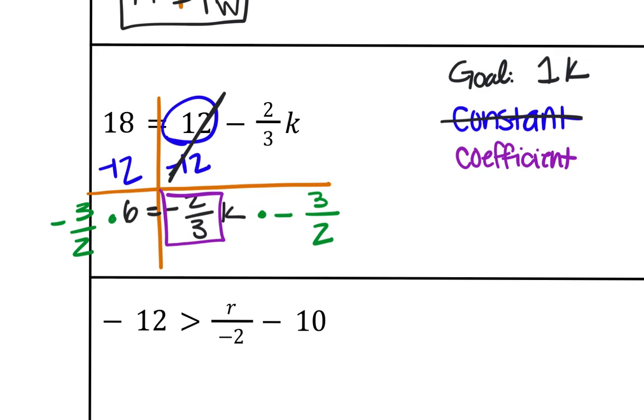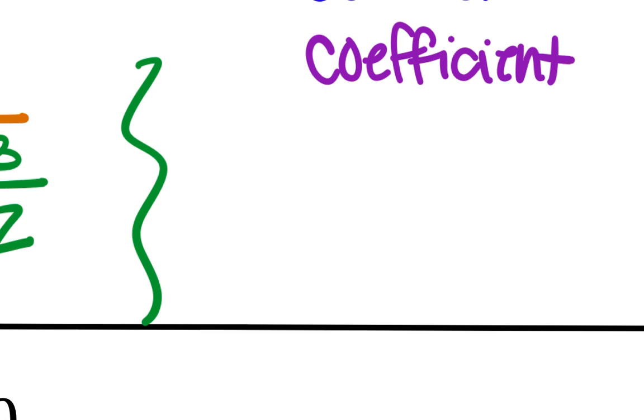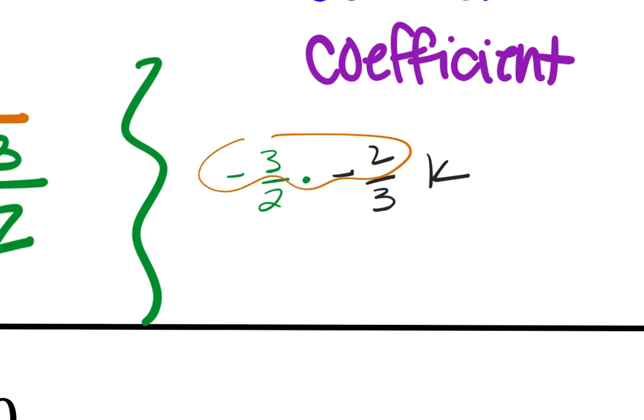And then just real quick to explain why that works, you don't have to write this bit down. You can just watch this part. Okay. So negative 3 times negative 2, that is a positive 6, over 2 times 3 is a positive 6.